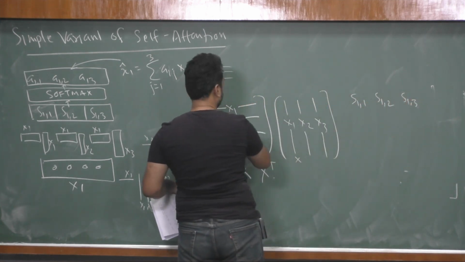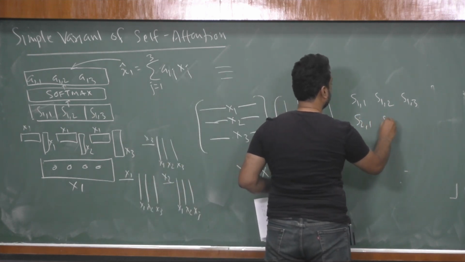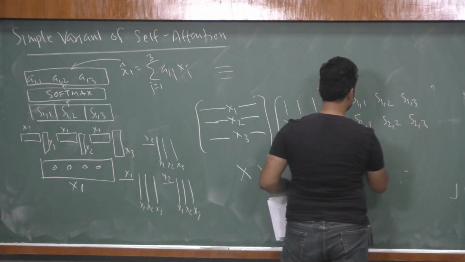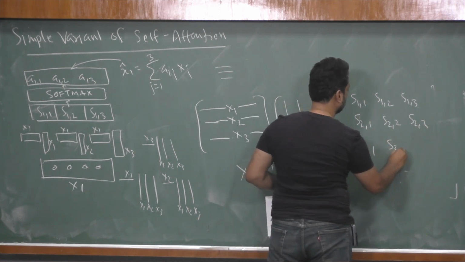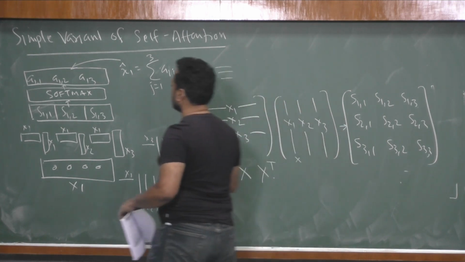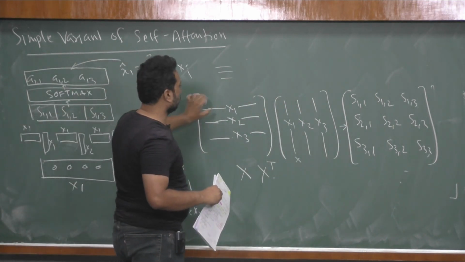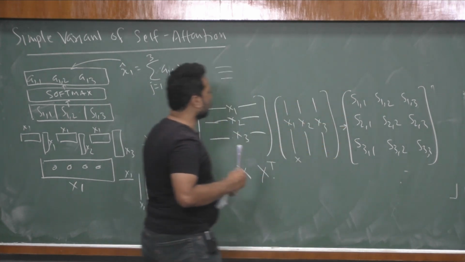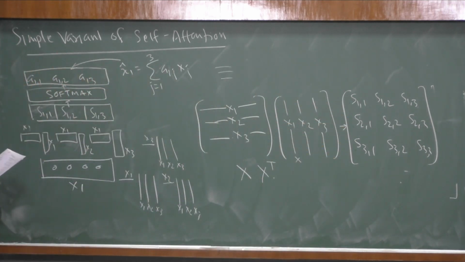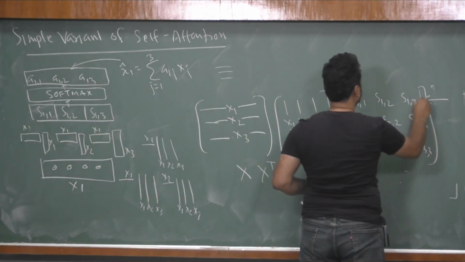Similarly x2 with x1, x2 with x2, x2 with x3 gives me s21, s22, s23, and similarly s31, s32, s33. So I got these s values, which previously I wrote separately, now all as rows. Similarly I can apply softmax on each of these row by row.